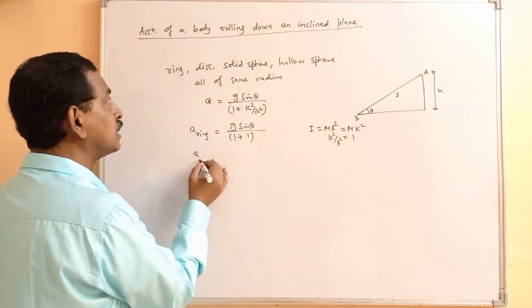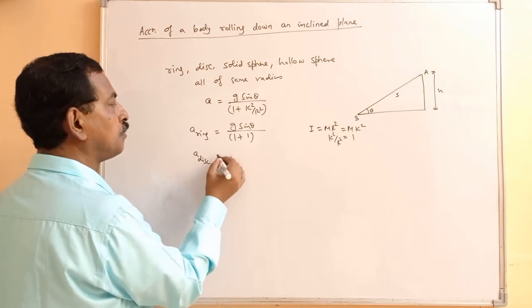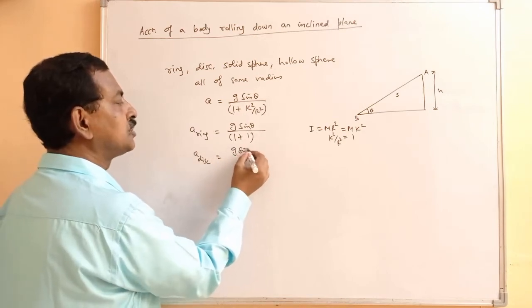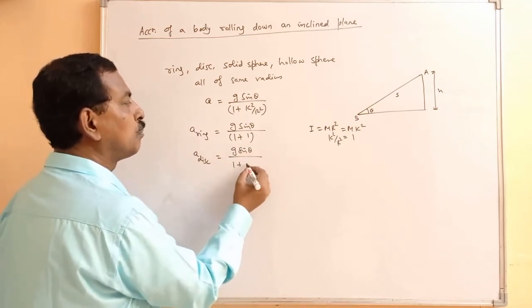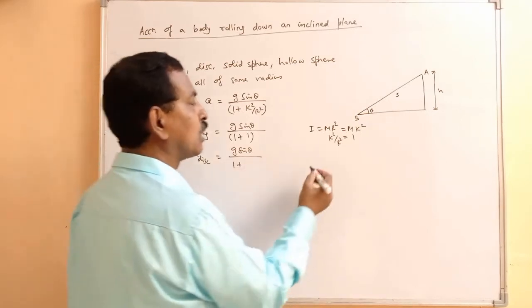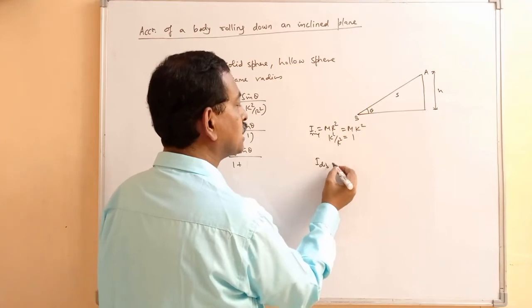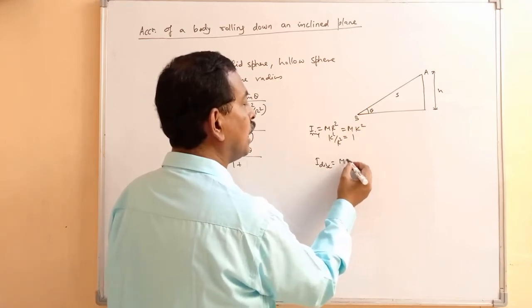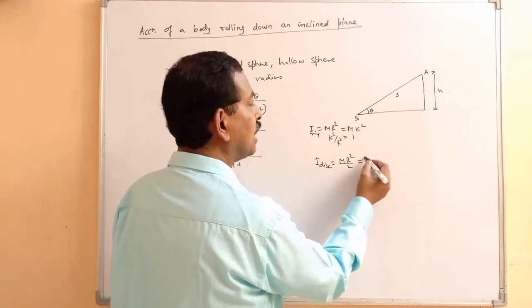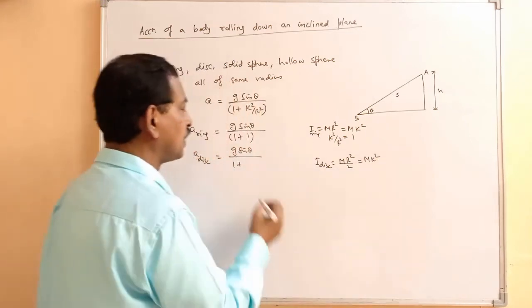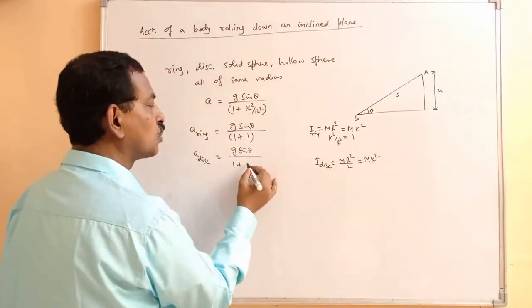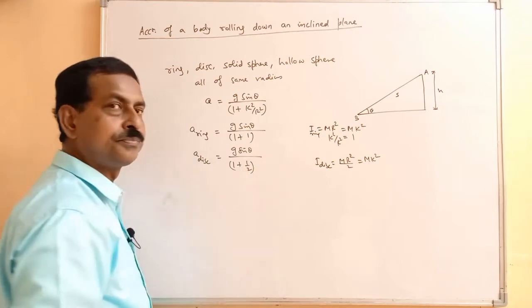Let's take the disc. It is g sine theta divided by 1 plus k square by r square. This is for the ring. For the disc, it was mr square by 2, that is mk square. So now k square by r square will be half.